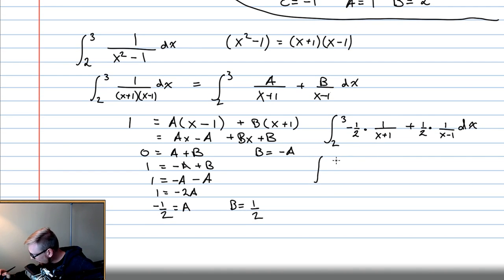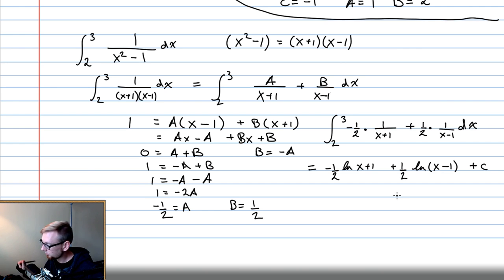Okay, so we've got the minus 1/2 in front. We'll leave it in front. Natural log of x plus 1. And then plus 1/2 natural log of x minus 1. And of course, plus some constant.